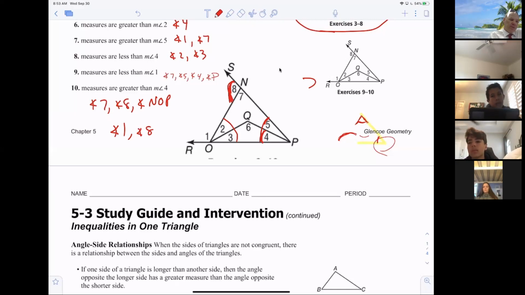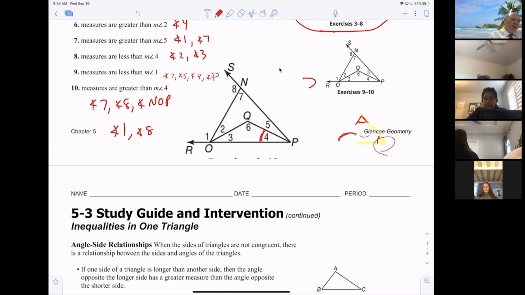What else? On angle 6, who's jumping in on that one? Me again. All right, here we go. And then we got 1. Oh yeah, I already said that. 4, 7, 2.